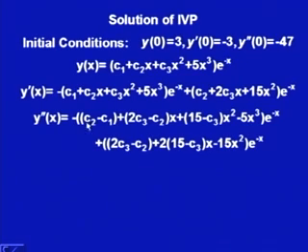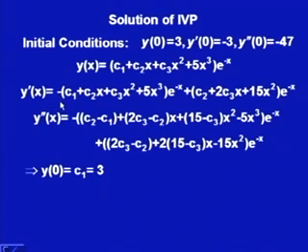Now, put the initial conditions. y at 0, that is when I put x equal to 0. If I put x equal to 0, all these terms would become 0, this term would become 1. So, I would be getting y 0 as C 1, which is given as 3. So, C 1 is equal to 3. Now, y dash at 0 is minus 3 as given.